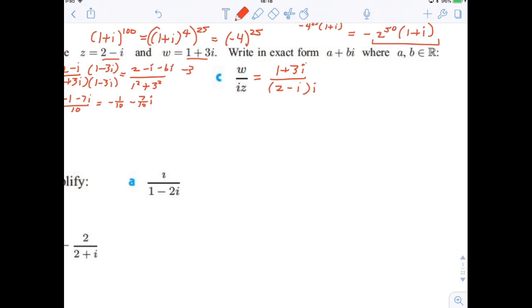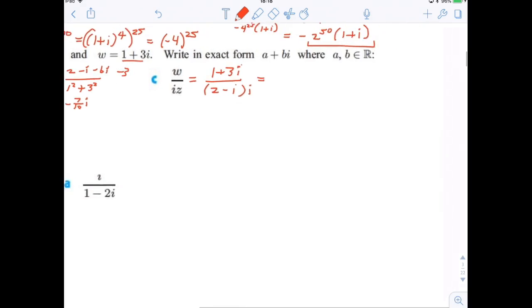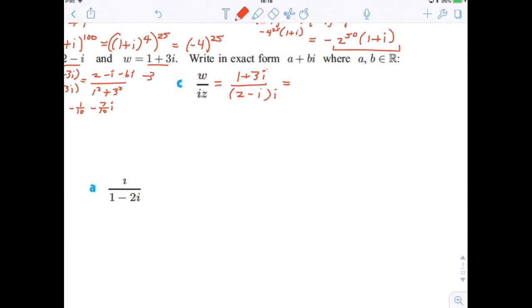I just switched the order here. Hope that doesn't confuse anybody. So I'm going to simplify a little bit by distributing the i. So it would be 2i and then minus i squared, which would be minus negative 1, which would be 1. So that's simplified. Now I'm going to multiply by the complex conjugate, 1 minus 2i, in order to perform the division.